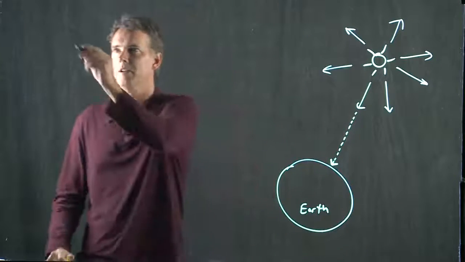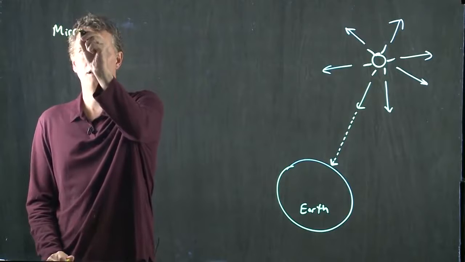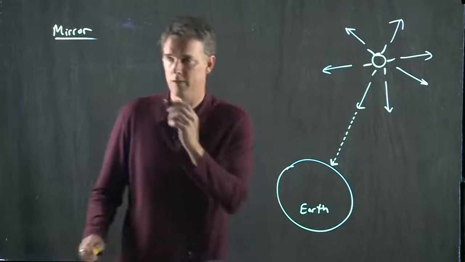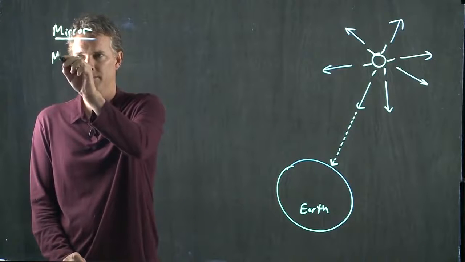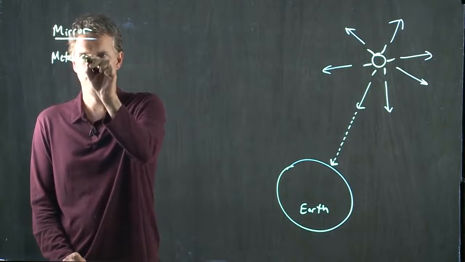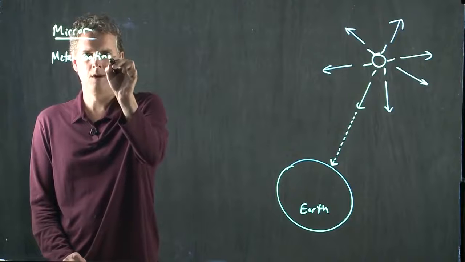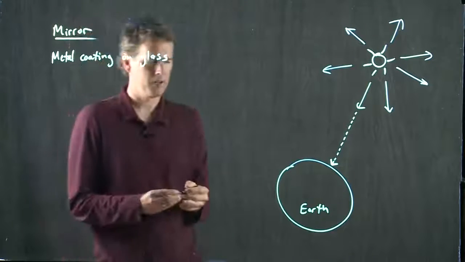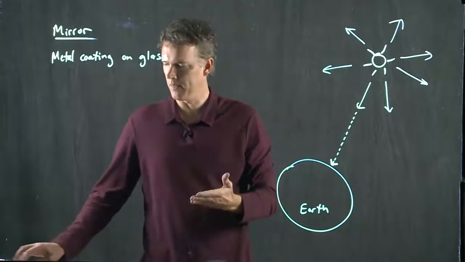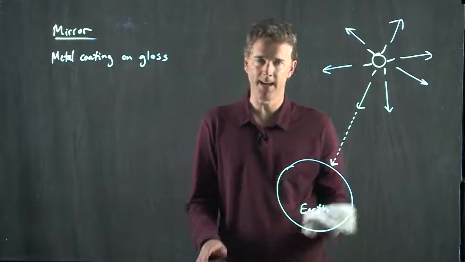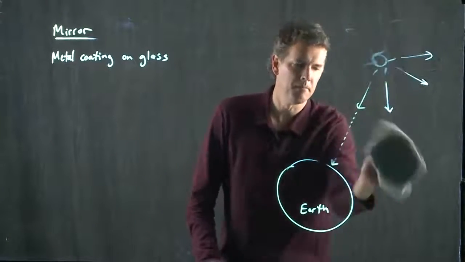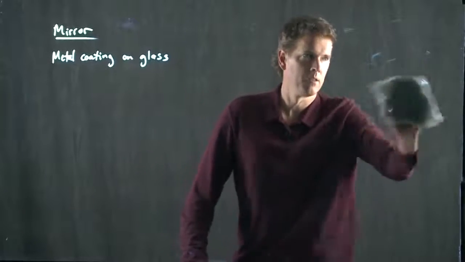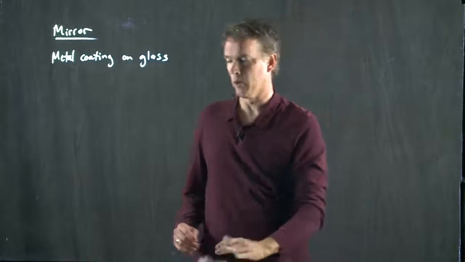A mirror is very simple. It is a coating of aluminum or silver on glass. Okay, there is a glass substrate, and on that glass substrate you provide a little bit of aluminum or silver. If you have a lot of money, you can buy gold mirrors, right?